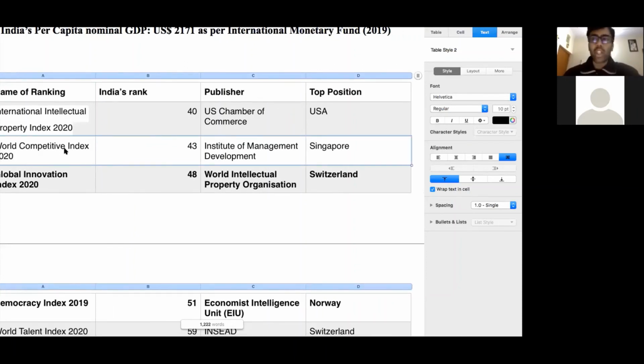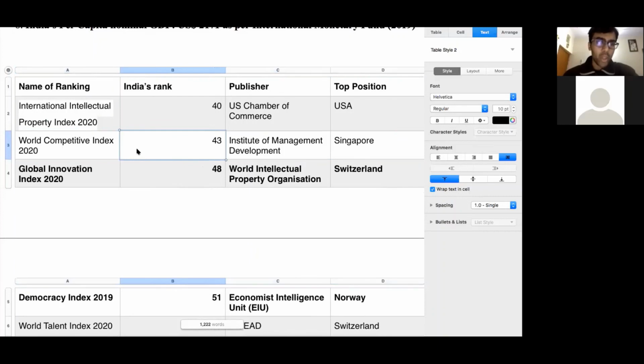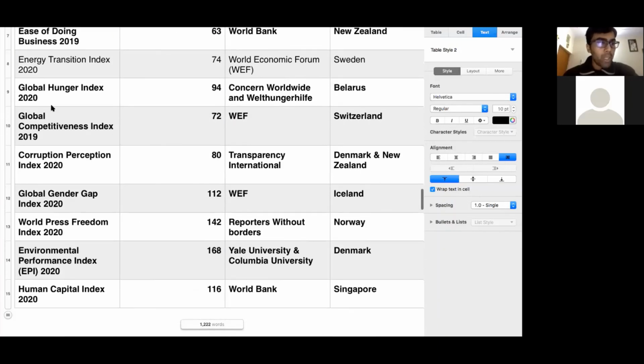This one is not such a popular one, and not such a world recognized one, so that's why I've not put it in bold. This is not that important. But the Global Competitiveness Index, which I put in bold, which is published by the WEF, World Economic Forum, is very important. So sometimes very commonly sounding names of different rankings and indexes are actually published by different organizations. So that's why the difference is there.